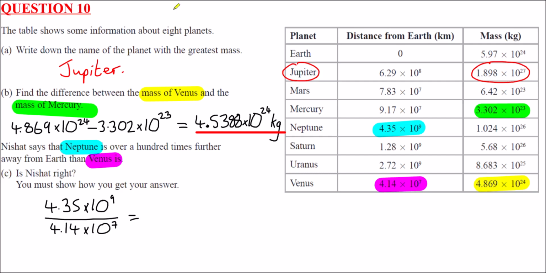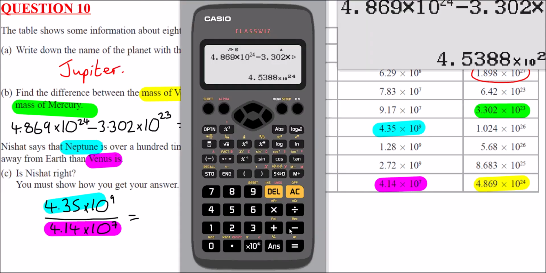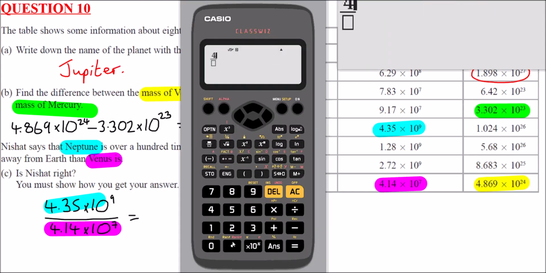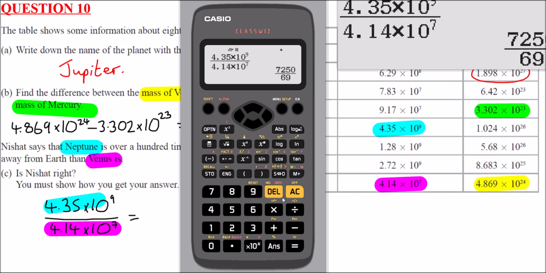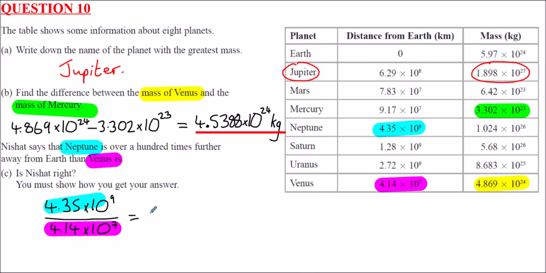So let's see what this gives us. So again, calculators to the handy. I would not advise doing this without a calculator. So 4.35 times 10 to the power 9, all of that divided by 4.14 times 10 to the power 7. That gives about 105.07. So it's about 105 times further away.